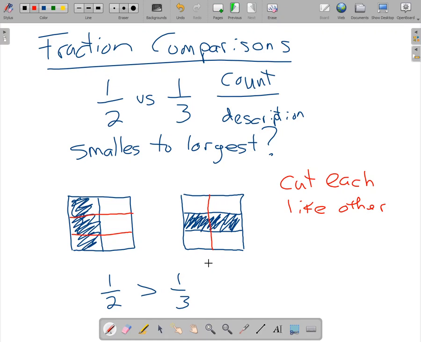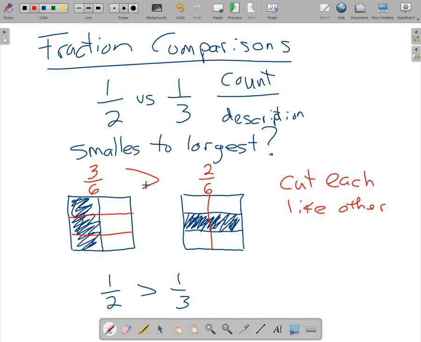Now, how many pieces are in a whole? 6 pieces. So this piece right here could be called 3/6, and this piece right here could be called what? 2/6. So now I have the same description. They're the same size pieces. So which is bigger, the one with 3 pieces or 2 pieces? If the description is the same, the 3 has got to be the one that's worth more.